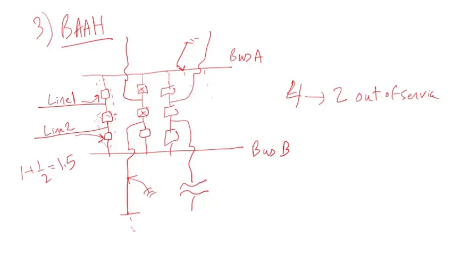So it's good: at any given time you're only losing 2 things instead of almost the entire thing with a straight bus. But the cost and space increase quickly.